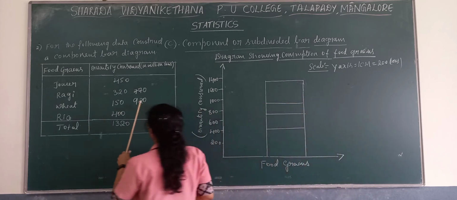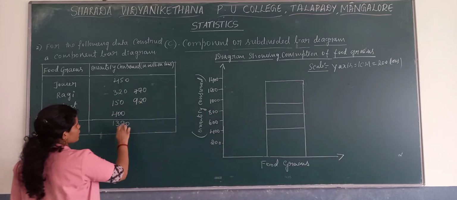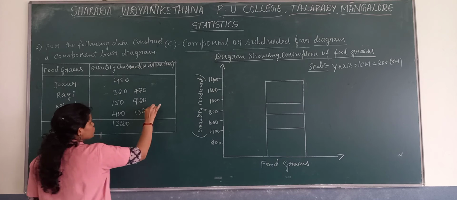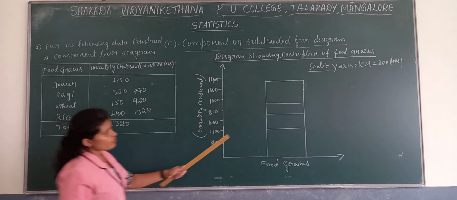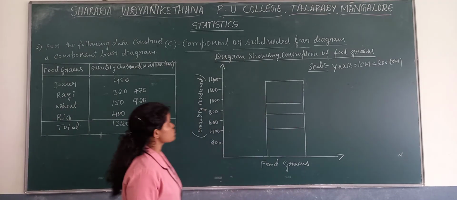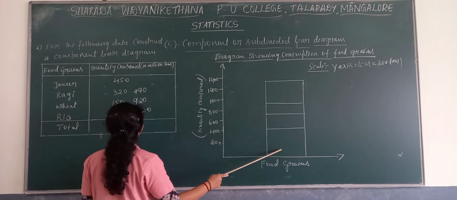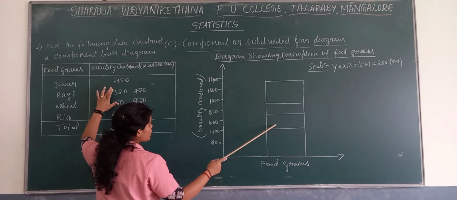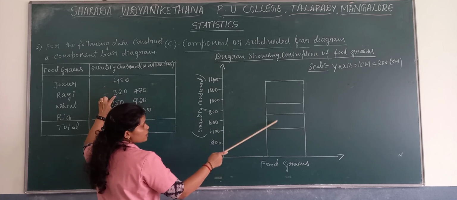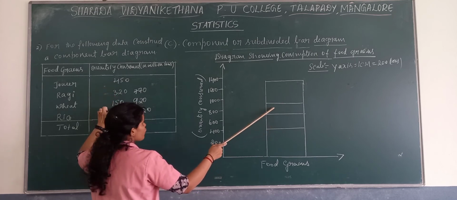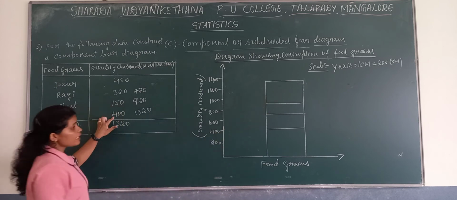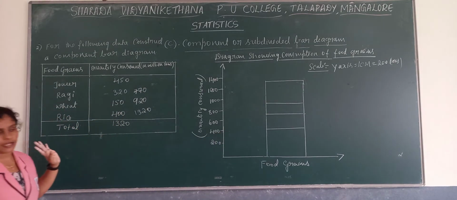Then 920 plus 400 we get the total 1320. So whatever remains is rice, up to 1320. Now here we have jowar 450, then ragi 320, then wheat 150 and 400 of rice.